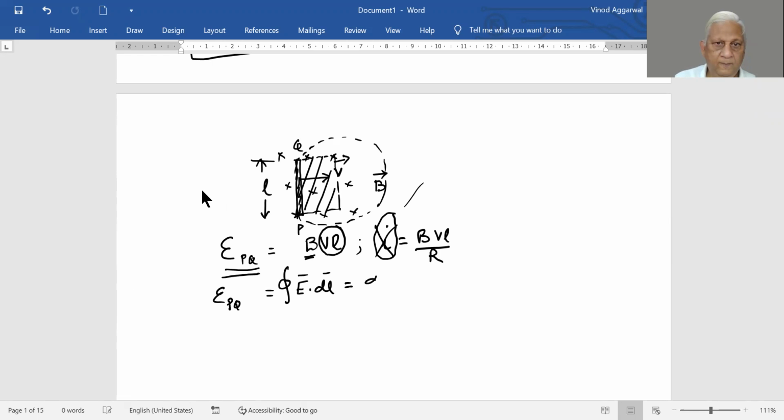This is equal to dφ/dt, which will give rise to an electric field. This electric field will be generated within the conductor.